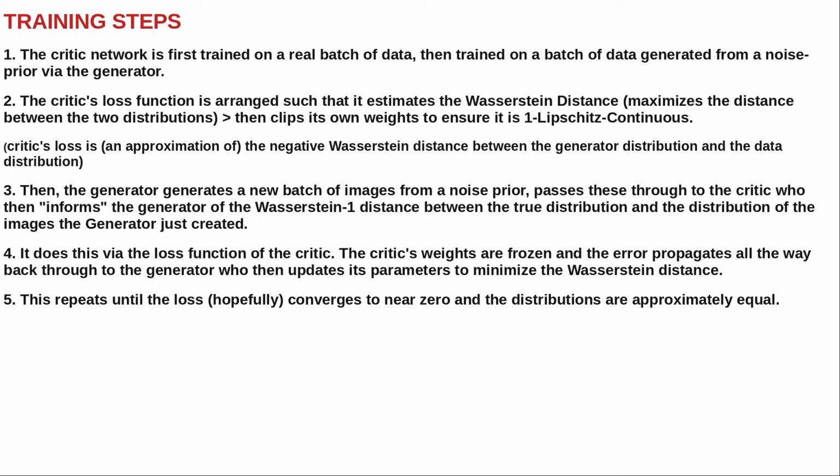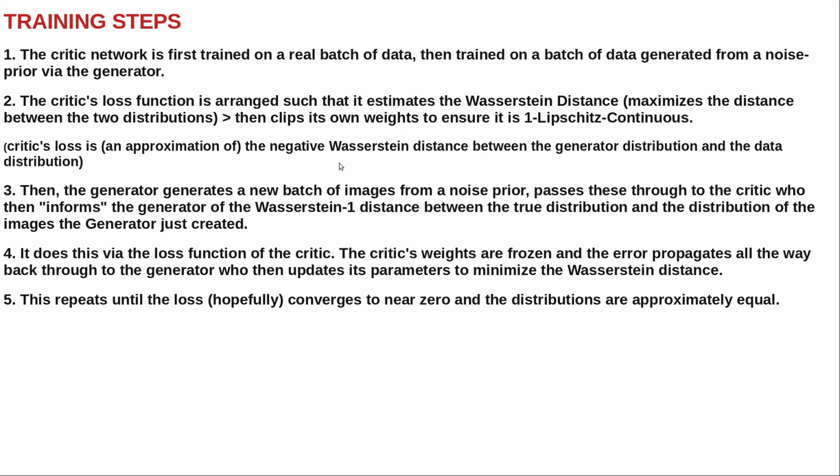And these are the actual workflow, or the actual training steps, that I will follow in my next video while implementing the entire WGAN architecture from scratch. Let's go through them quickly here, because now that we have gone through all the fundamentals and all the theory, these steps will definitely make sense. So the first part is the critic network is trained on a batch of real data and also on a batch of data generated by the generator.